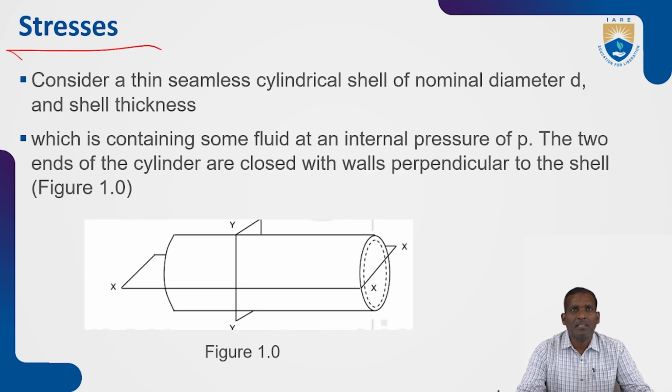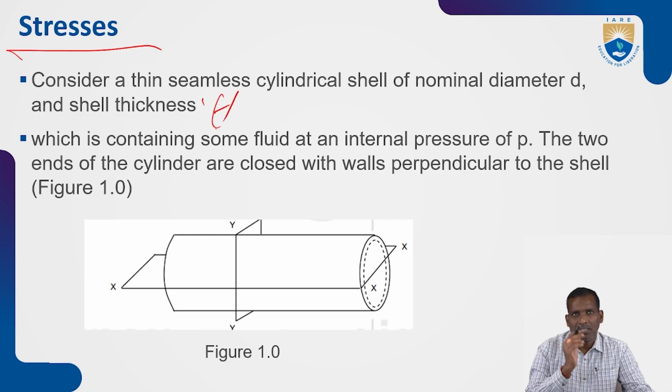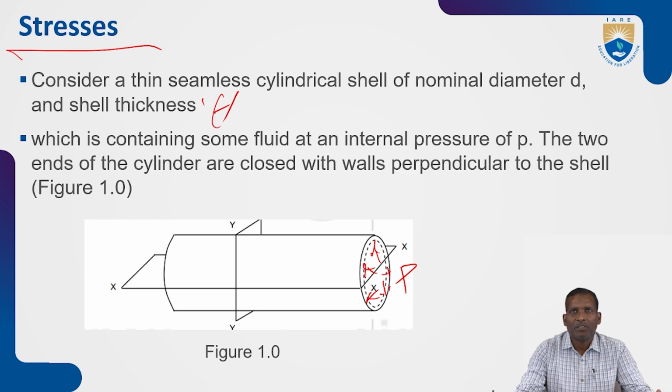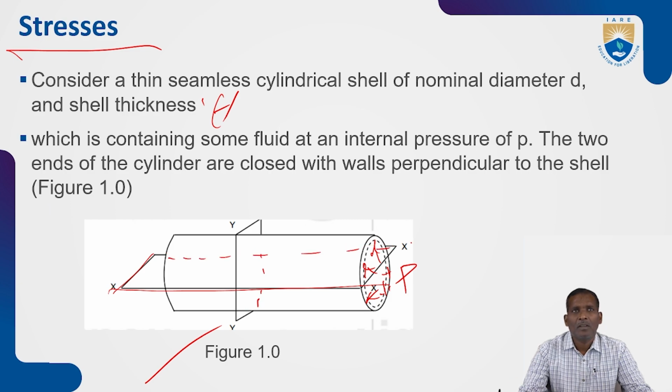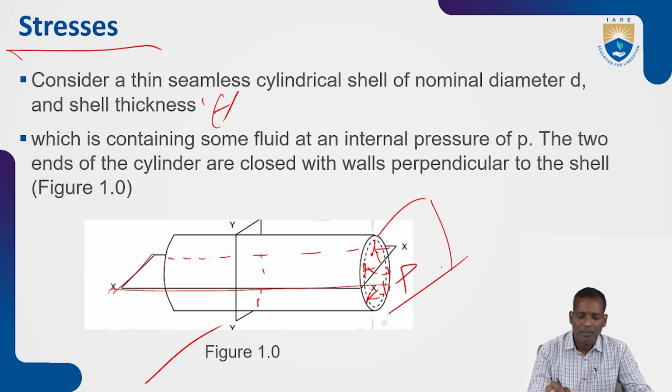Consider a thin seamless cylindrical shell of nominal diameter D and shell thickness small t, containing some fluid at an internal pressure of P. The two ends of the cylinder are closed with walls perpendicular to the shell as shown in the figure. Here are the X plane and the Y plane.